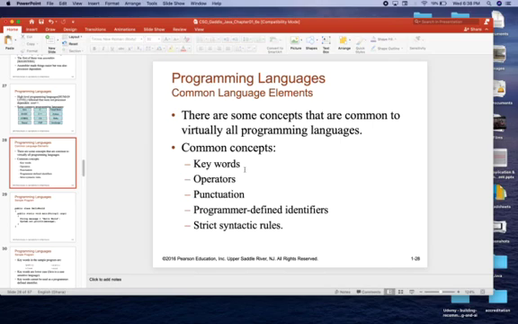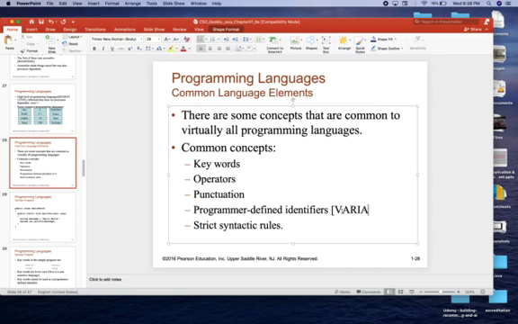These high level programming languages, and even the low level ones, are made up of some number of keywords, operators, punctuators, and programmer defined identifiers, which is what we will call variables. And then they follow some syntactic rules. Syntax is the rule given for how the instructions are supposed to be written.